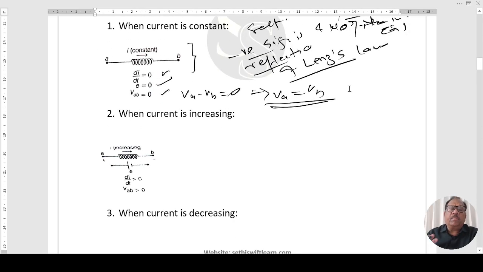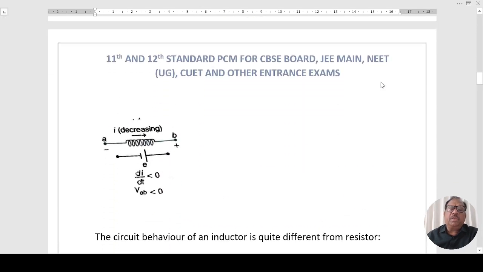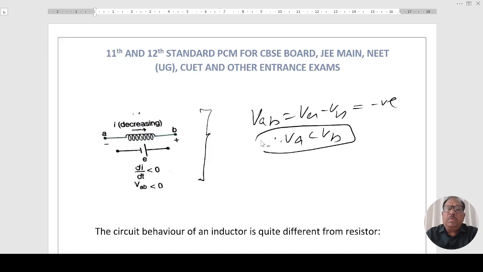When current is increasing, di by dt is positive, VA minus VB will be greater than 0, that is VA will be greater than VB. When current is decreasing, VAB equal to VA minus VB will be negative, means VA is less than VB, means VB will be greater at potential at that point.